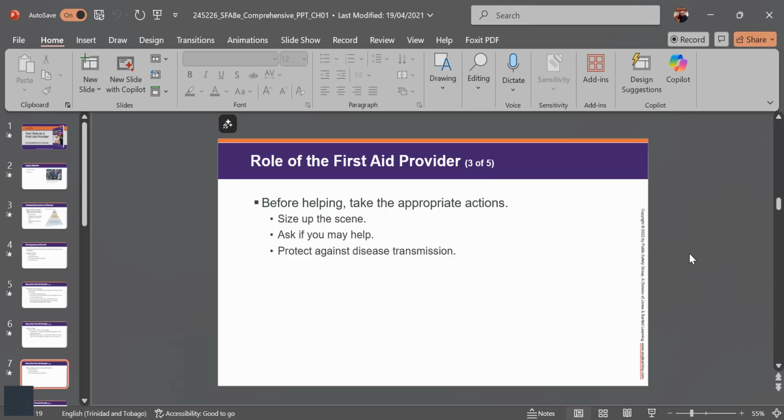As a first aider, of course, you would think about spinal injury and head injury. So you may realize, hey, stabilization here may be more than what I'm trained to provide. But again, you will never know unless you size up the scene.